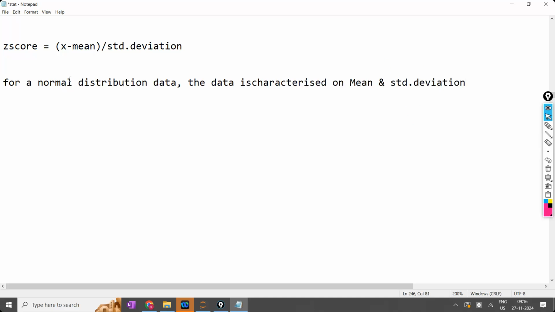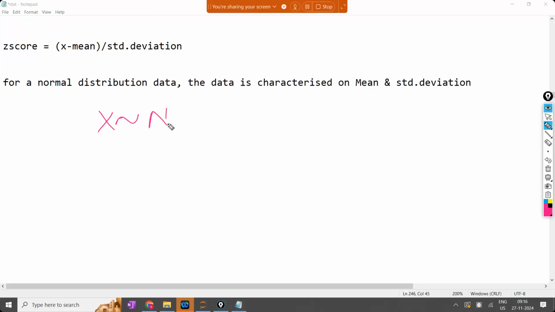What is the meaning of being categorized by mean and standard deviation? Whatever data you are having, if it is normally distributed, it is based on the mu and sigma. This is the meaning.